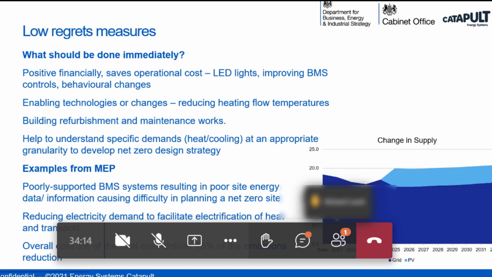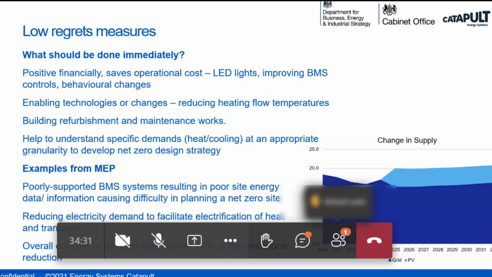Just to add to that, the experience from working with all the sites that we've worked with is that electricity sub-metering and understanding was quite widespread across a lot of the sites, but for heat there was generally just one gas main meter and data.